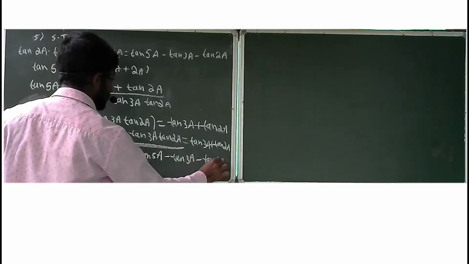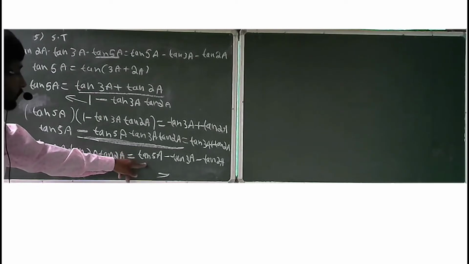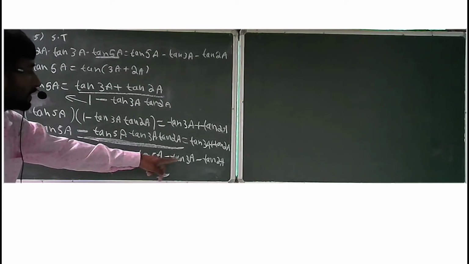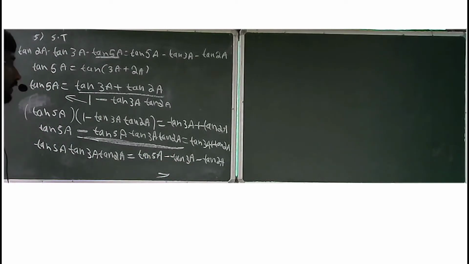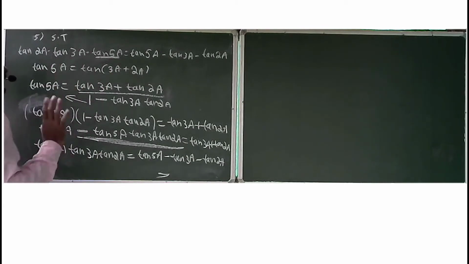This is nothing but the given question, right? Prove that tan 2a into tan 3a into tan 5a is equal to tan 5a minus tan 3a minus tan 2a. Okay, very simple.